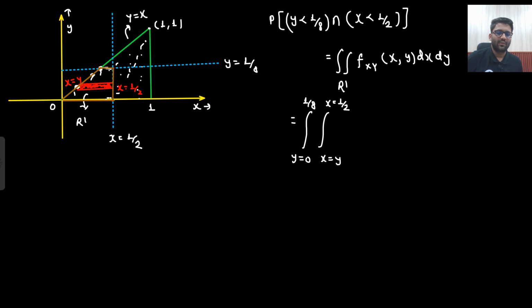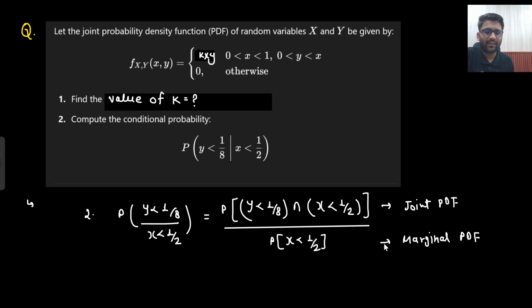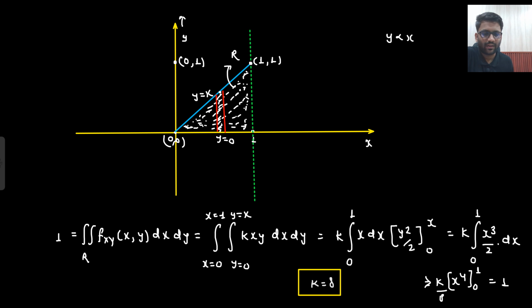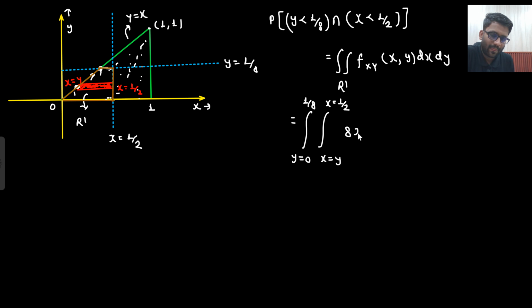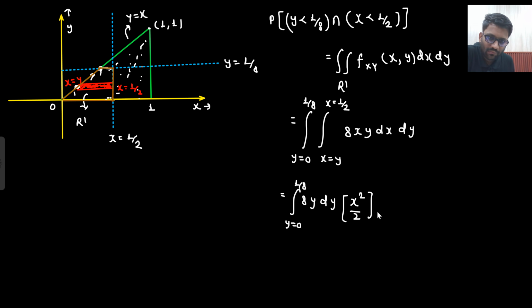Okay. So here f(x,y) is given as kxy. The value of k is coming out to be 8, right? So 8xy dx dy. You are first integrating with respect to x this time, so the limit of y remains as it is. Then if you integrate with respect to x, you get x square by 2, from y to 1 by 2, right?